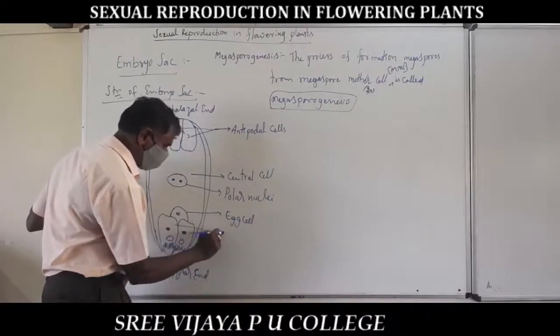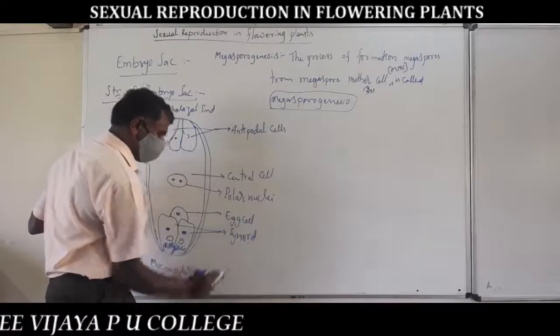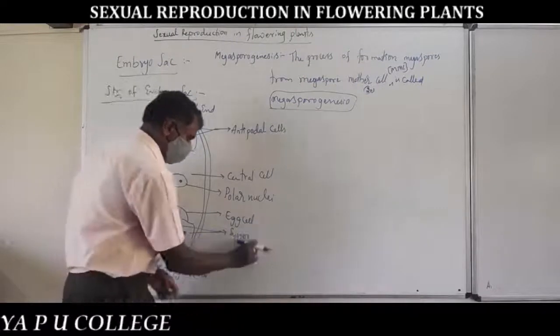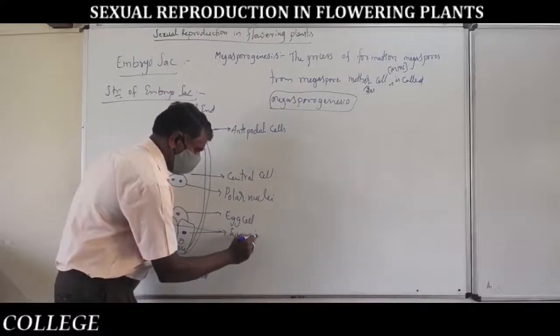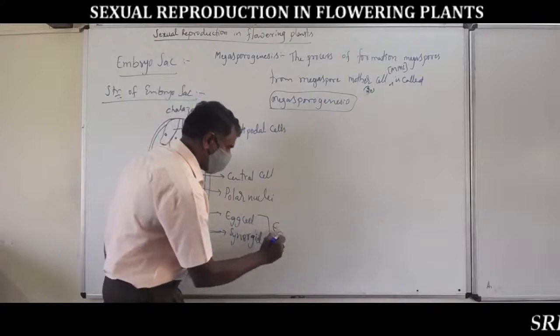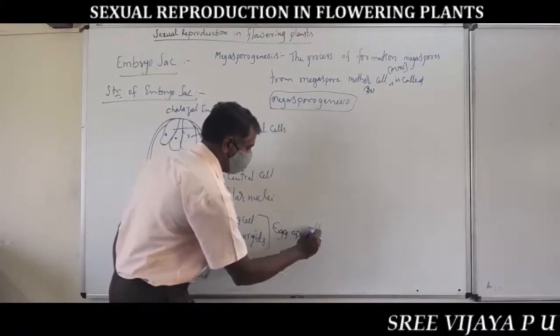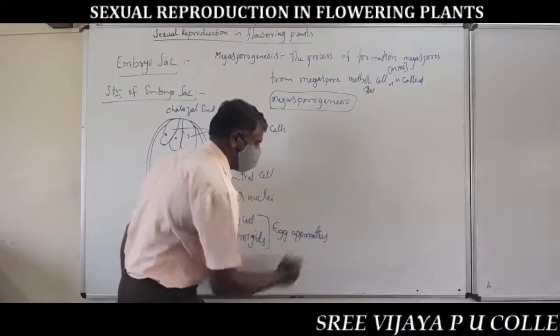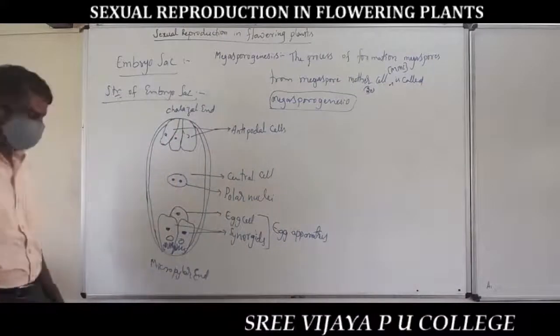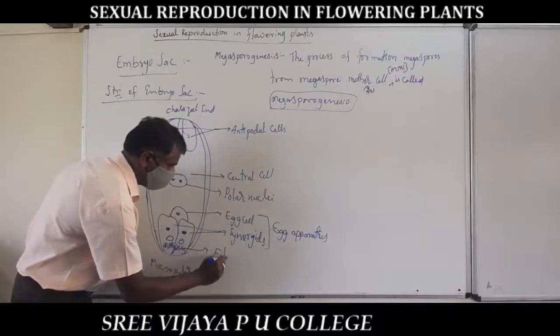The synergids, both together, are called the egg apparatus. Under the synergids there is the filiform apparatus.